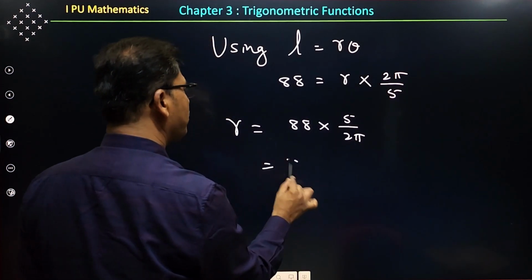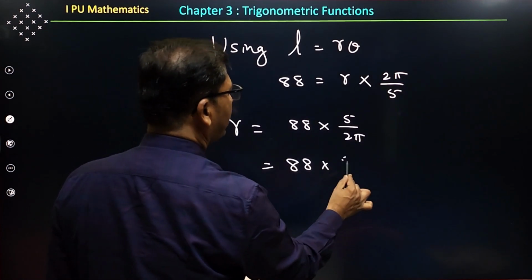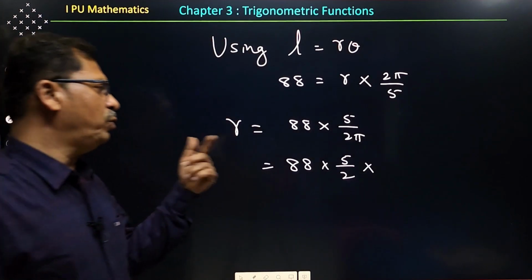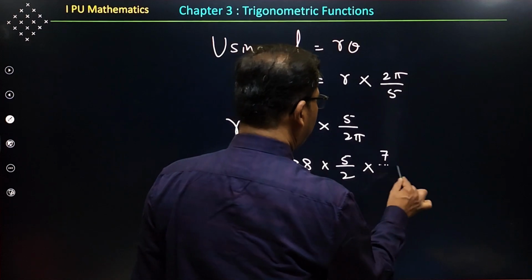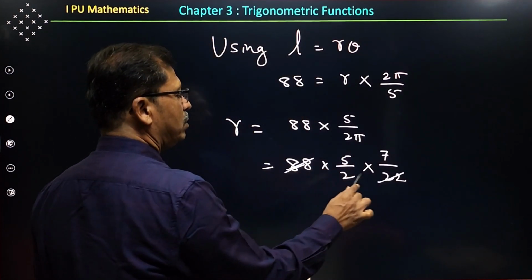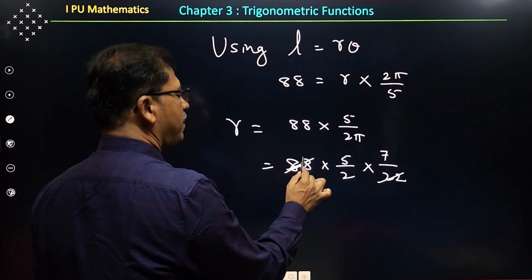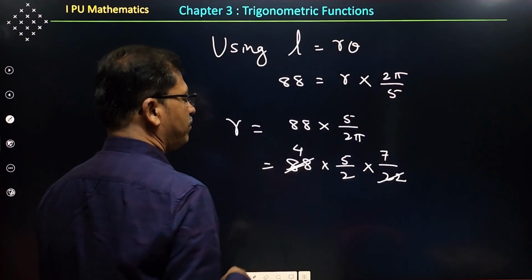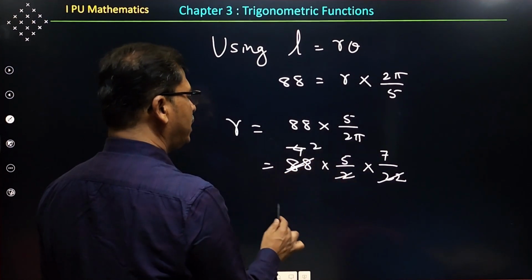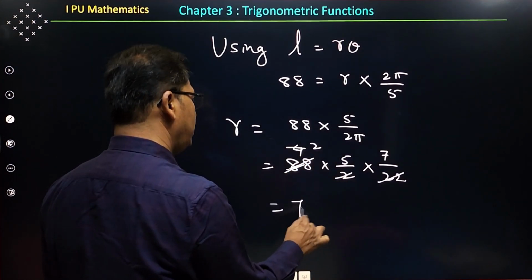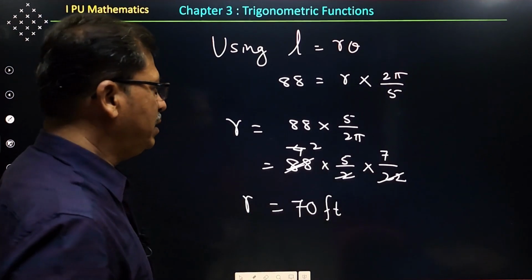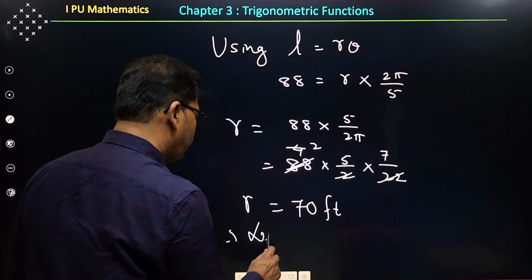As a result of simplification, 88 into 5 by 2 into 1 upon pi, which means 1 upon 22 by 7. It becomes 7 divided by 22. So 22 ones are 22, 4 twos are 8. Then 2 ones are 2, 2 fives are 10. 10 into 7 is 70. So the answer is R equal to 70 feet, meaning the length of the rope.